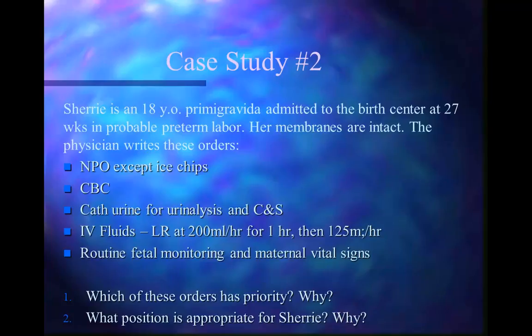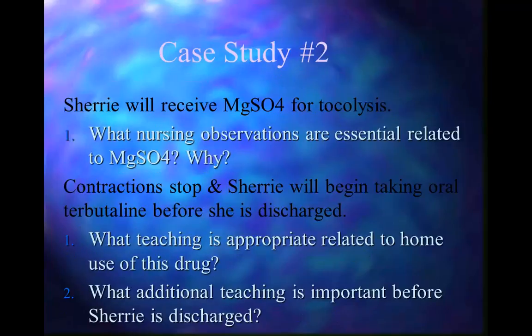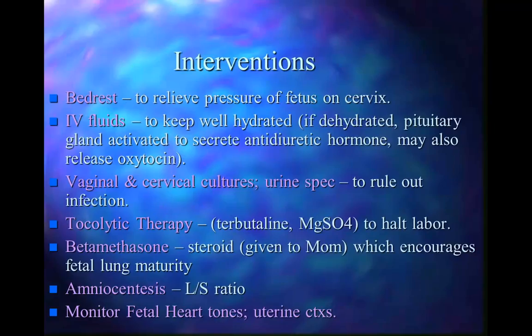Remember, why, one of the most important questions we can ask in nursing care. And then we're going to give her some mag sulfate and look at the fact that her contractions stop, and what kind of teaching do we need to impart with her before she goes home on this medication, and any other additional teaching. We'll look at our interventions.